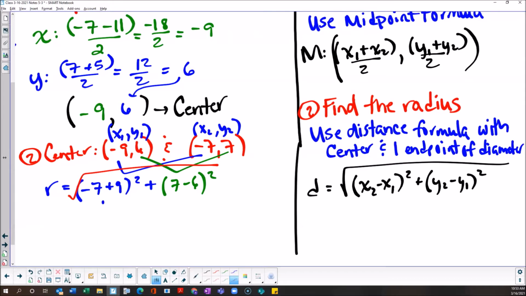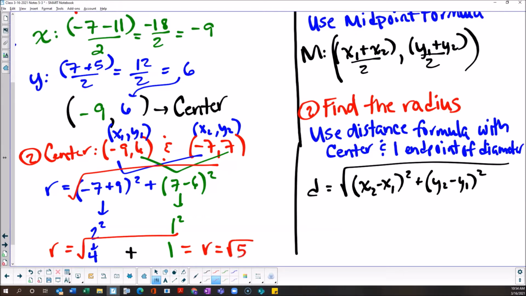Okay, so if I keep going, the difference between -7 and -9 is just going to be 2 squared. It's going to give me 4. This is just 1 squared. So what is 1 squared? 1. Occasionally we kind of freak out about that one and forget. So, all right, the radius is the square root of 5.